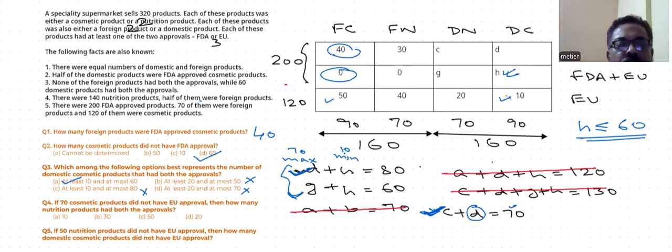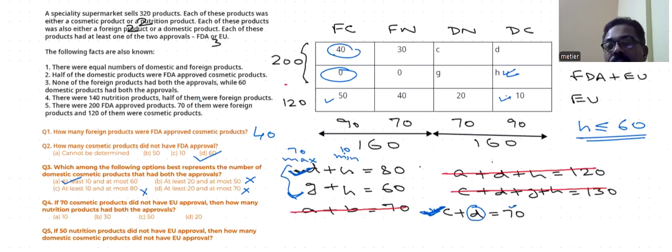If 70 cosmetic products did not have EU approval, let me write it in a different color, green. 70 cosmetic products did not have EU approval.